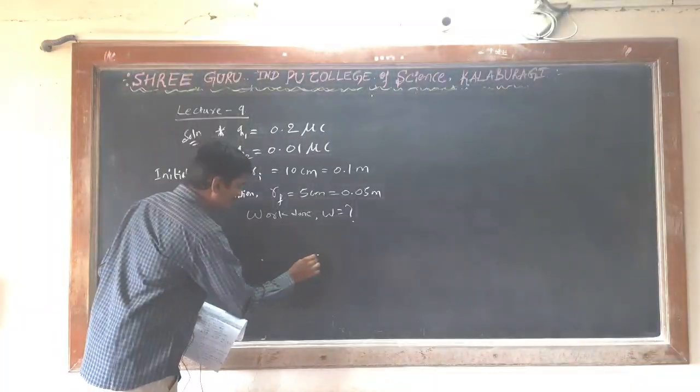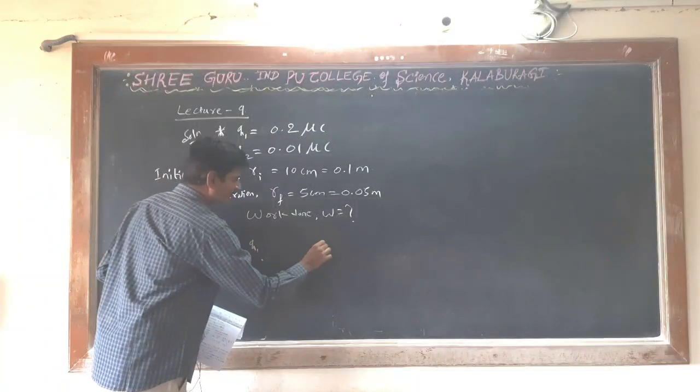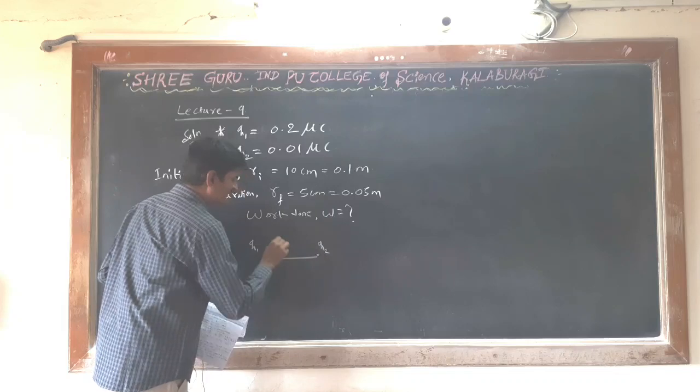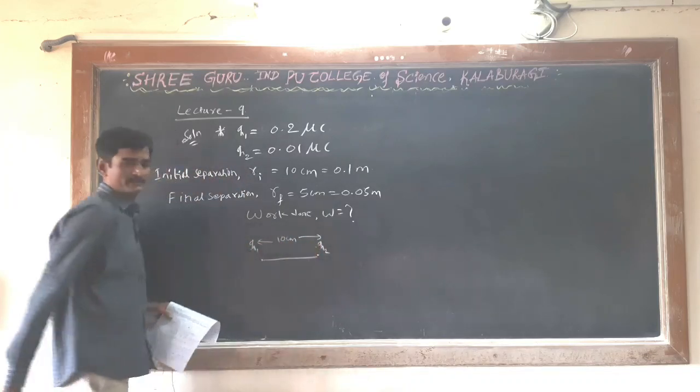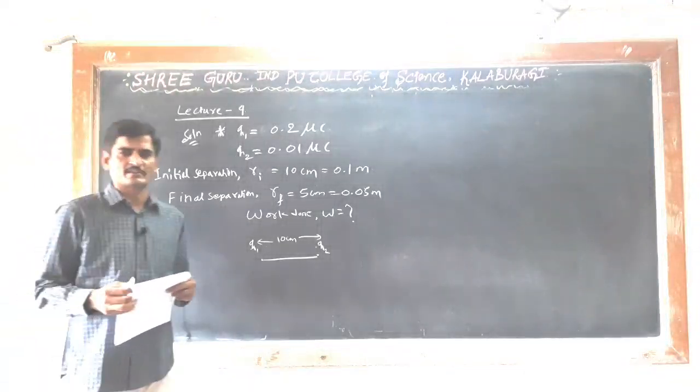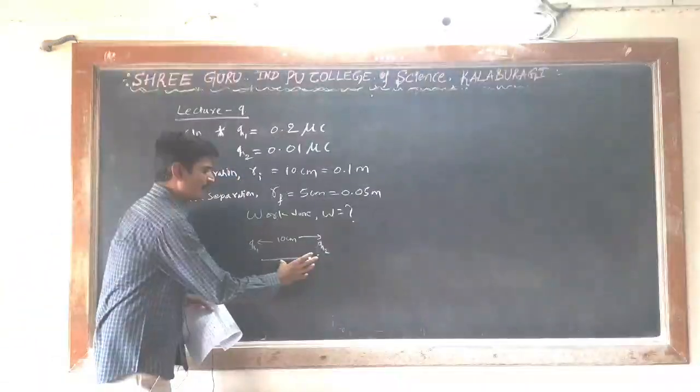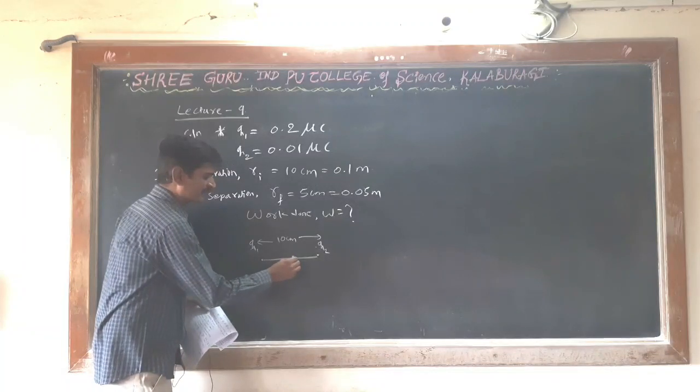Here, understand the question. Initially, Q1 and Q2 are at a distance of 10 centimeter. Both are positive charges, so they repel each other. They have to be brought to a distance of 5 centimeter.